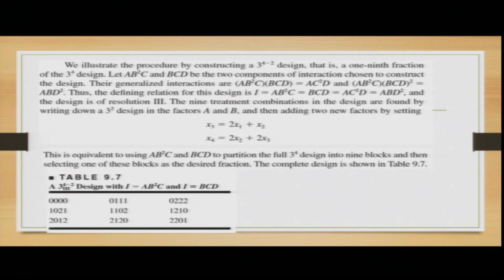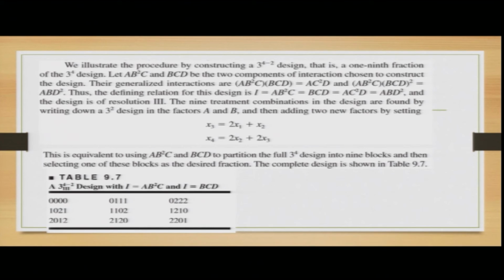Let us say that A B square C and B C D are the two components of the interaction chosen to construct the design. The generalized interactions are accordingly found as A C square D and A B D square. If you remember, alpha 1 is 1 in the first case, alpha 2 is 0 because B is not there, and alpha 3 is 2.